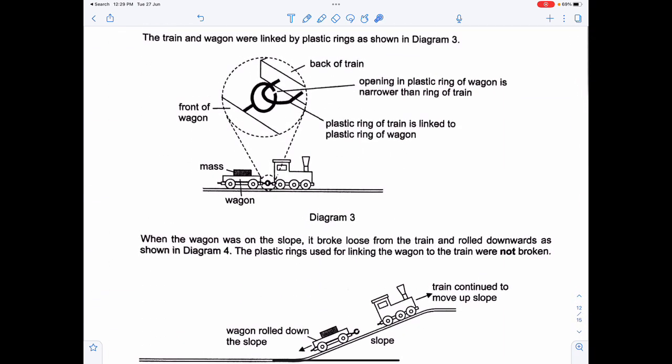Now, this question was really poorly done. I believe almost everyone in this class got it wrong. Look at the key words. The train and wagon were linked by plastic rings. Why did they even give you this word plastic? Why can't it be metal?